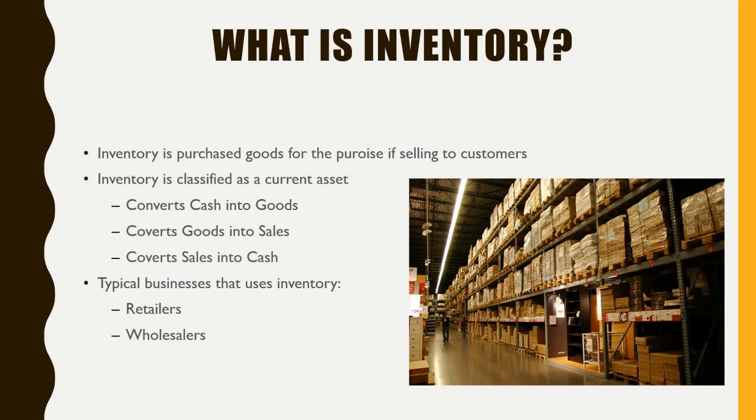As I've mentioned before, we're looking at the standpoint of a merchandising inventory, or a merchandising type of business activity. Our concept here is that we're going to purchase inventory with some form of money, convert cash into goods, convert the goods into sales, and ultimately turn sales back into cash.